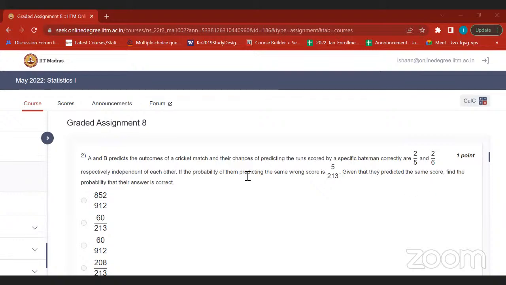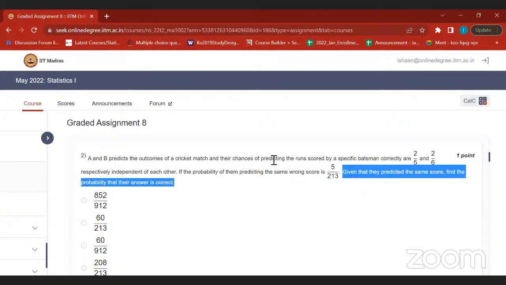We also know that they are doing it independently of each other. And the probability of them predicting the same wrong score is 5/213. I need to find the probability that their answer is correct when they have predicted the same score.